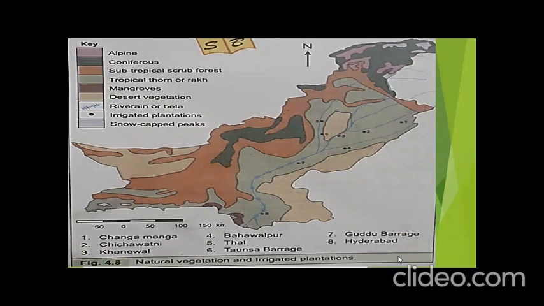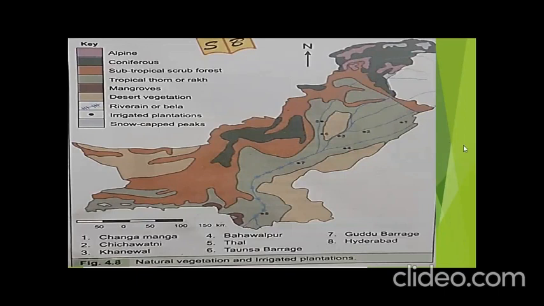Long, severe winters and frequent freezing temperatures, coupled with the short, cool growing season, prevent trees from attaining their full length. The coniferous forests are found between 1,000 and 4,000 meters in Gilgit-Baltistan and in Swat, Shangla, Dir, Malakand, Kohistan, Mansehra, and Abbottabad districts in Khyber Pakhtunkhwa, and in Rawalpindi district in Punjab as well.